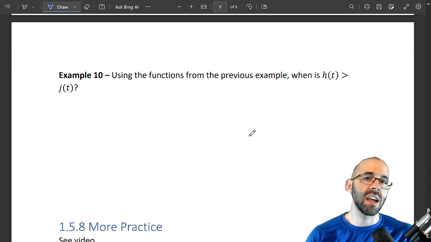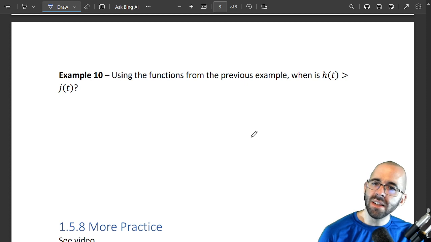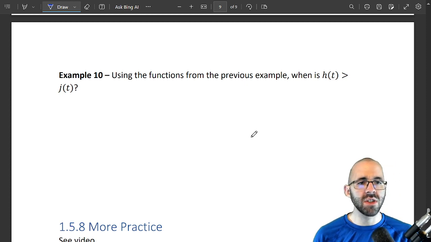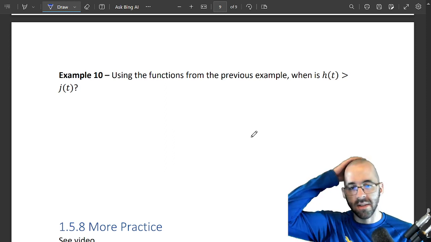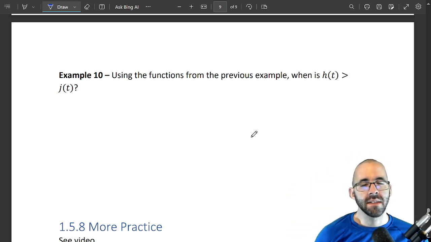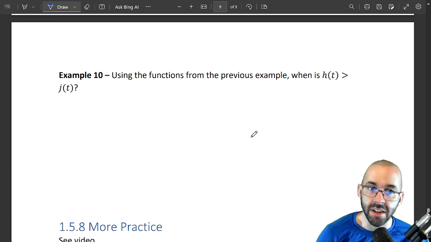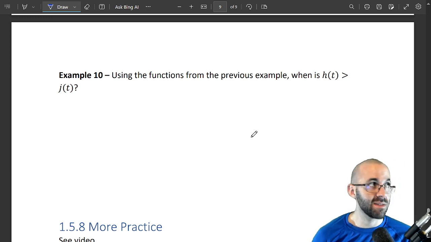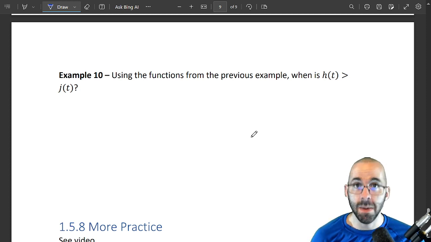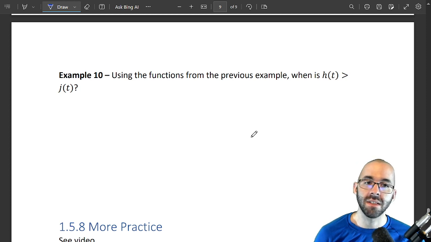Let's use these functions again and say, when is h bigger than j? Whenever you see a question like this, and there's an applied question of this on the homework, for continuous functions, which we'll talk more about in business calculus, one's always going to be bigger, and it switches maybe where they cross.